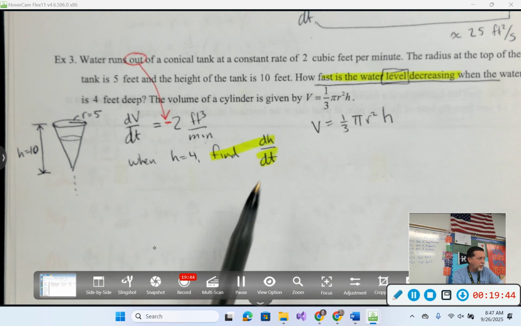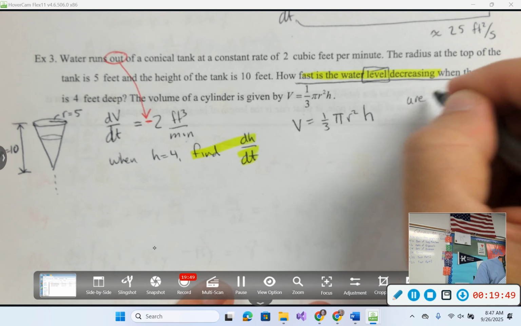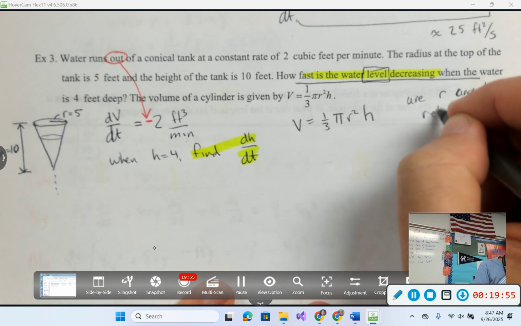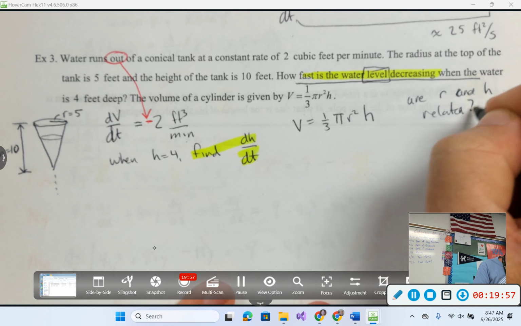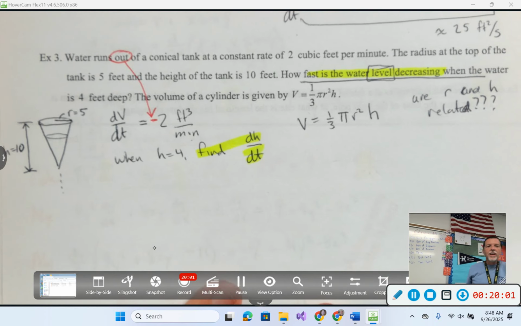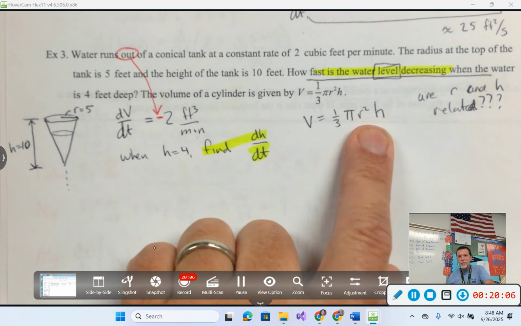So I need to figure out a way. If R and H are related, are R and H related? Because I would really like to make one of them go away. Is there an equation that ties together R and H? Because then I could substitute that in there.